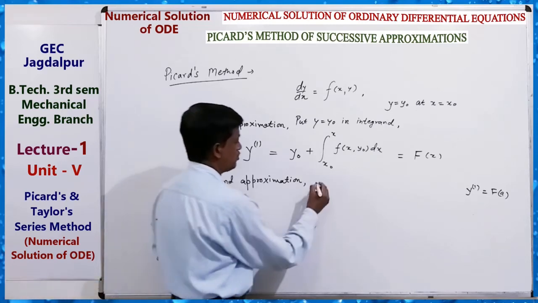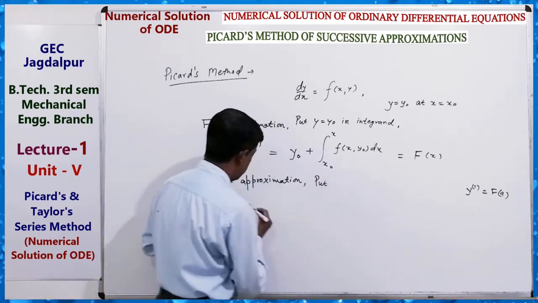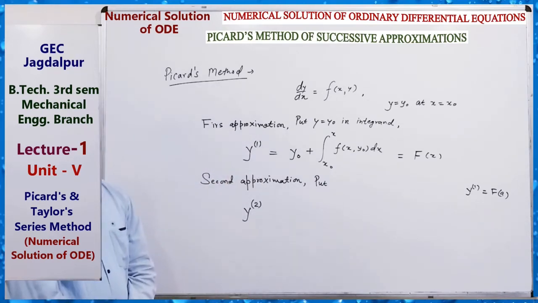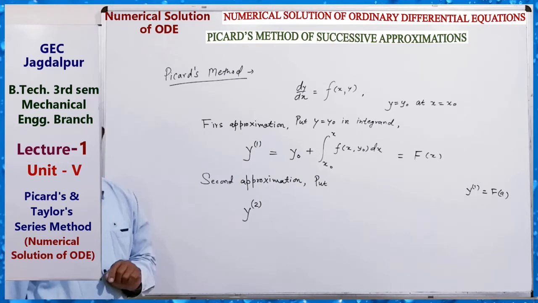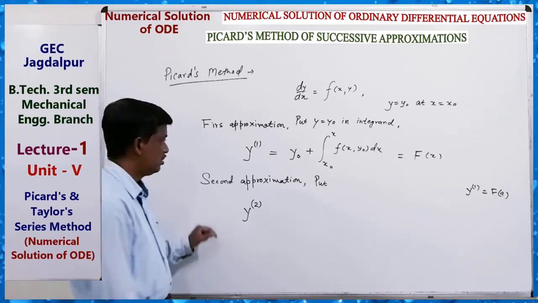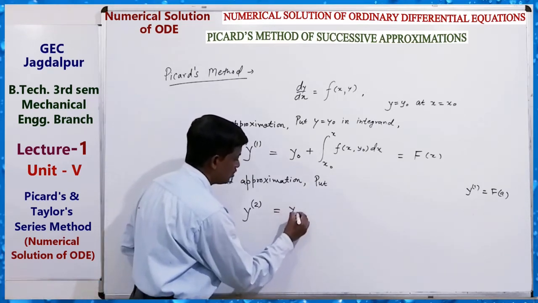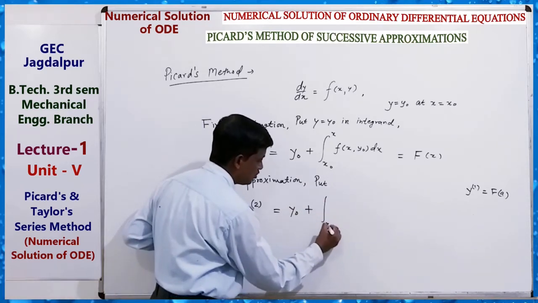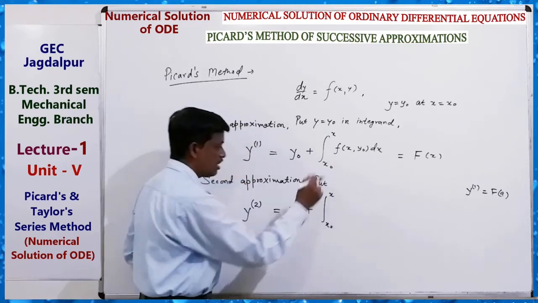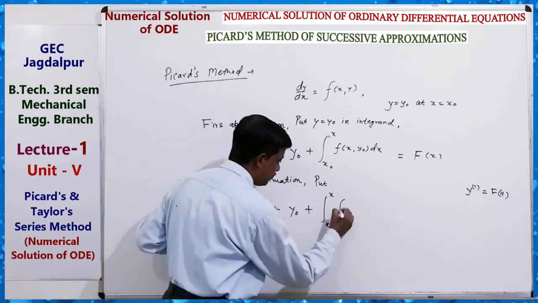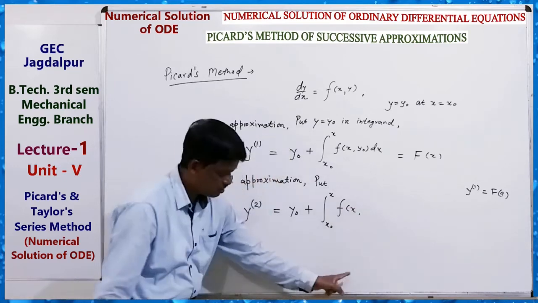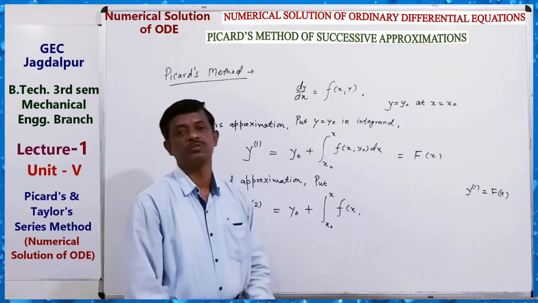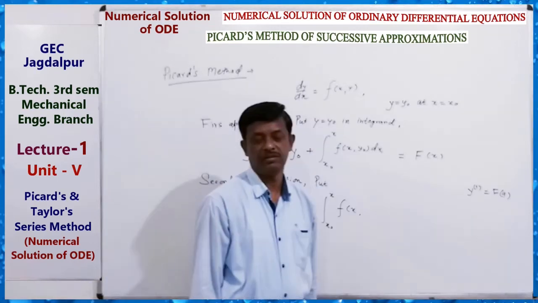Second approximation means the second value of y. Use this formula: y equals y0 plus, that is our formula, the integral from x0 to x of the function, and in place of y we have to put y1.